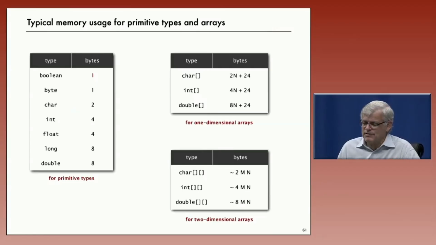Even for arrays, we could say a double array is tilde 8n for one-dimensional. For two-dimensional, a two-dimensional array of doubles is tilde 8mn. And there are extra terms for the overhead, but for large m and n, that's going to be pretty accurate. So that's our basic usage for primitive types and arrays in a typical Java implementation.